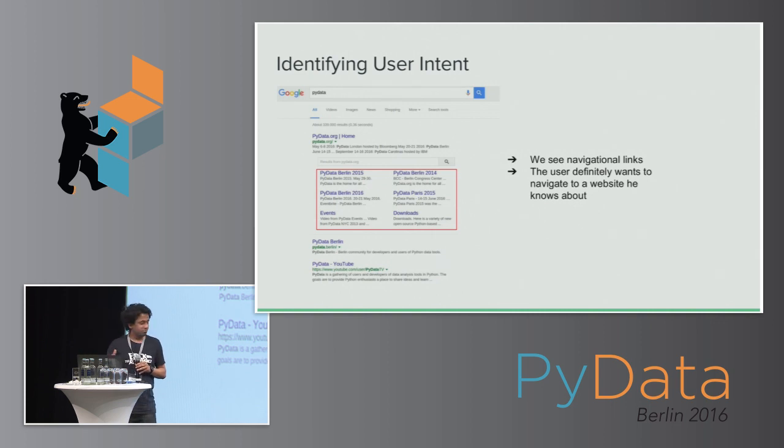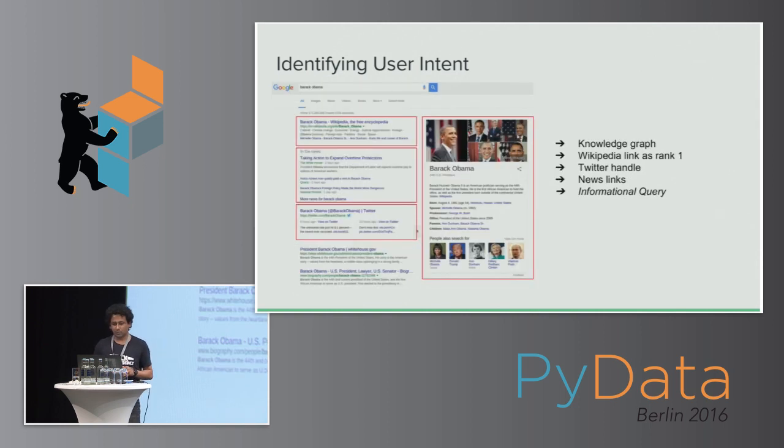And yeah, so that classifies it as a navigational query. Barack Obama. We have a Wikipedia link, some news, some Twitter stuff, a knowledge graph. The user doesn't want to buy Barack Obama. It's not a transactional query. It's more informational. He wants to know about Barack Obama.